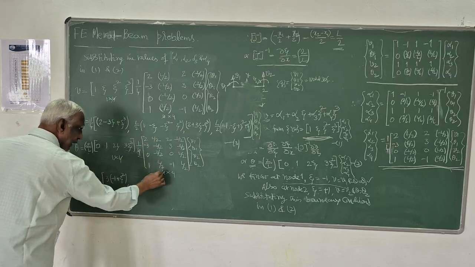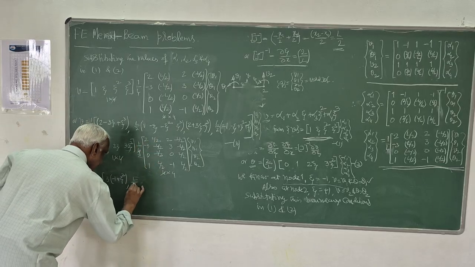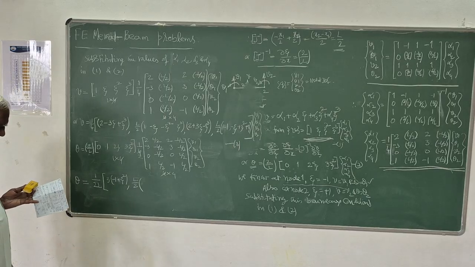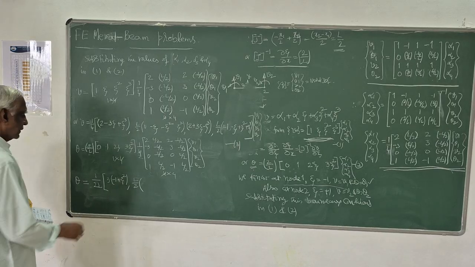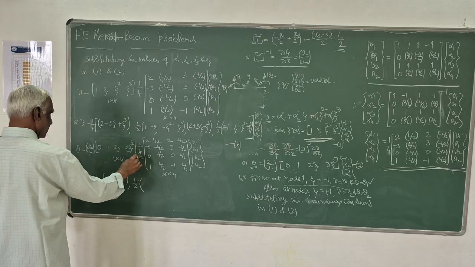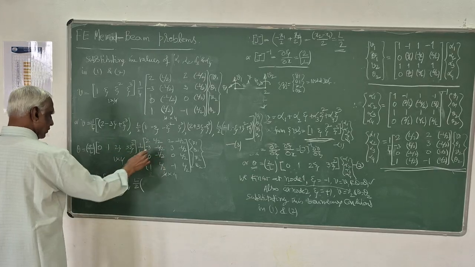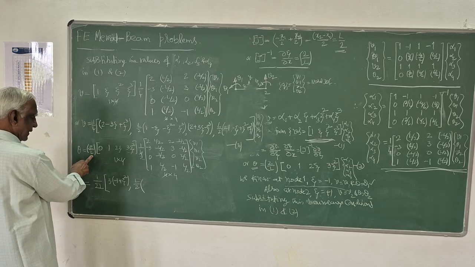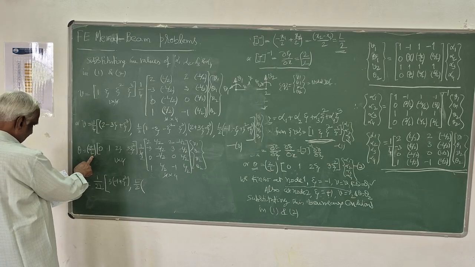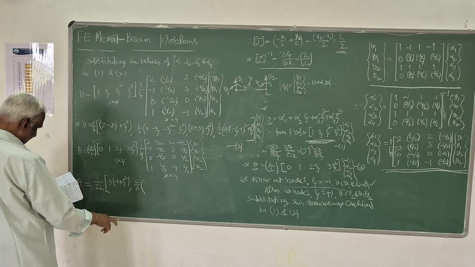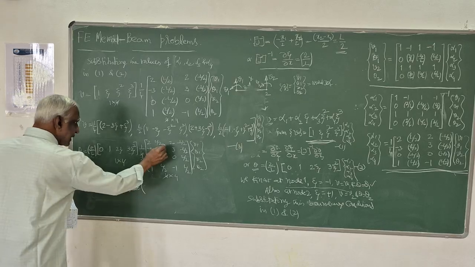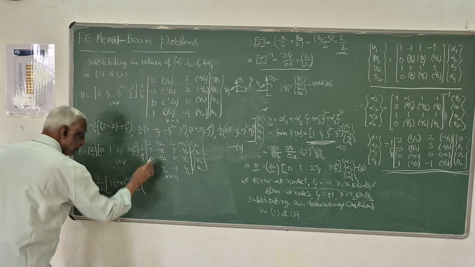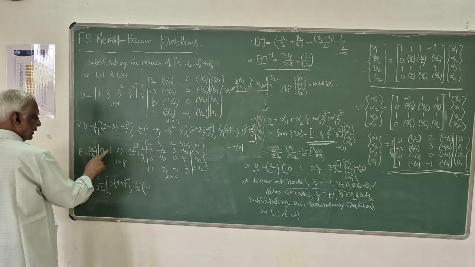Second row, L by 2, I will take it outside. This is L by 2 if I take outside, and that L by 2 and this L will cancel. So you keep it as L by 2 into minus 1. 0 into this, 1 into minus 1, minus 1.